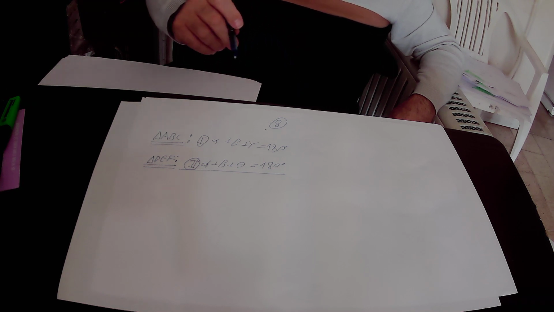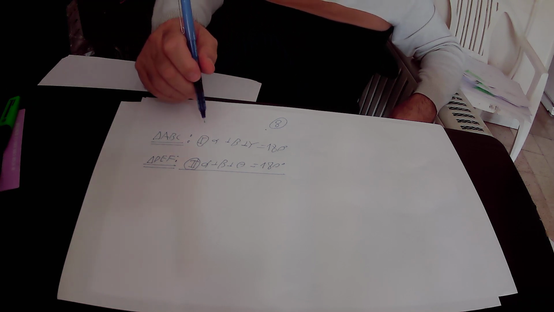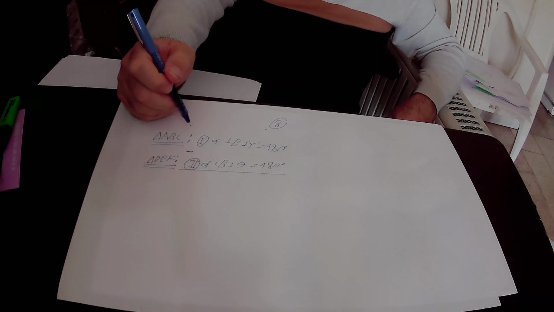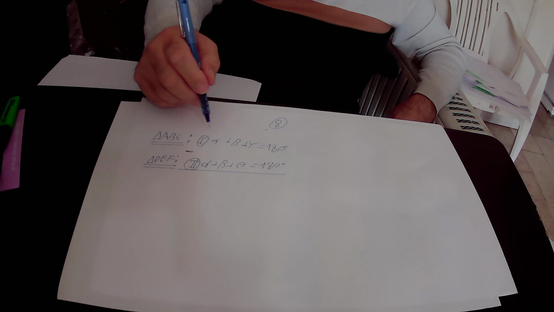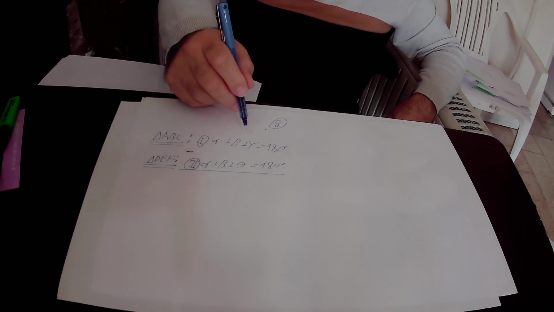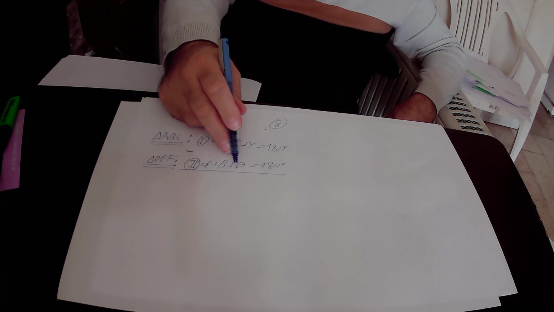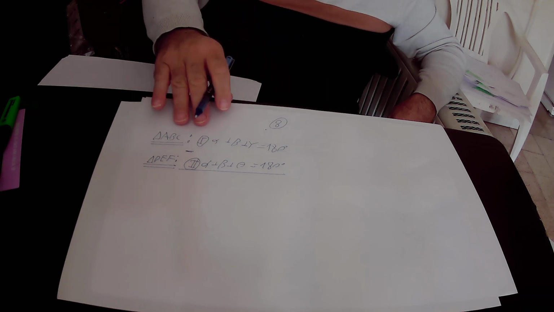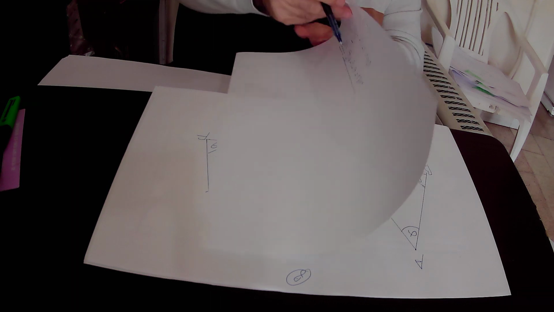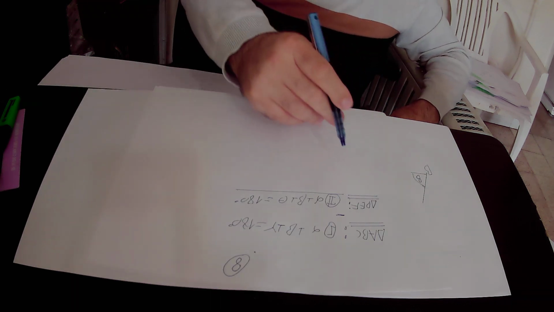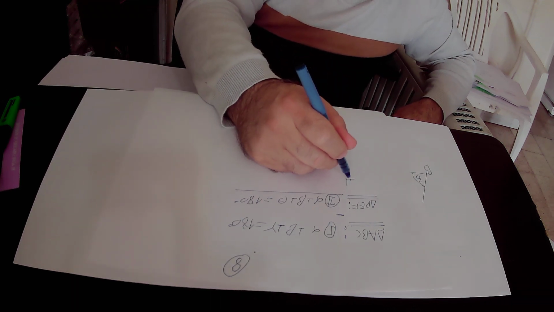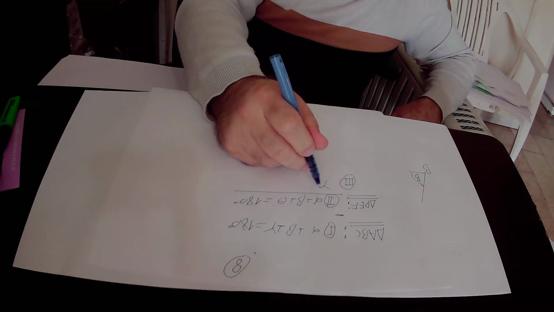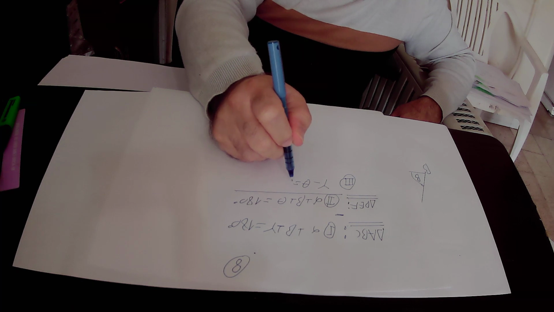Here we will subtract equation number 1 from equation number 2, and we will get that alpha minus alpha is 0, beta minus beta is 0, and gamma minus theta equals 180 degrees minus 180 degrees, which is 0. So we found out that according to equation number 3, gamma minus theta equals 0.